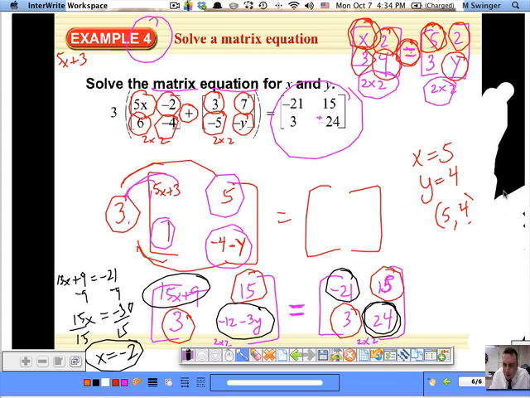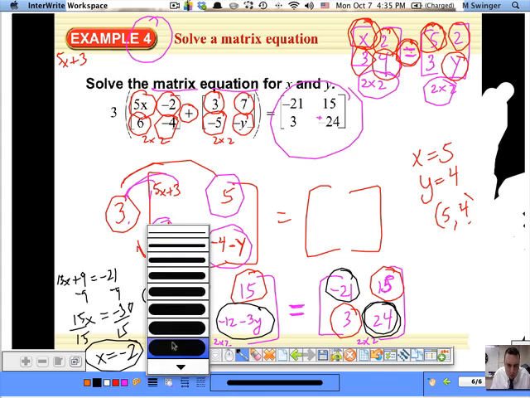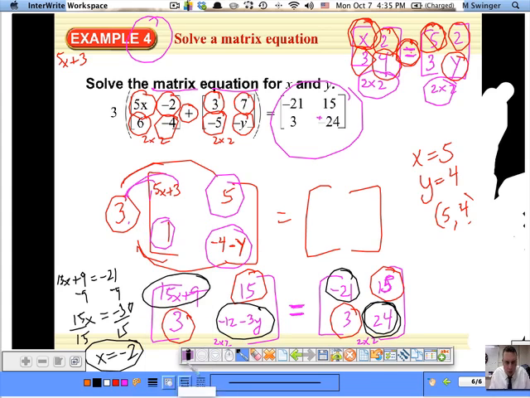Here we go. Okay, so let's do this. What do we say? Negative 12 minus 3y has to equal this side, 24. Solve this. So plus 12, plus 12, that's negative 3y equals plus 12 is 36.